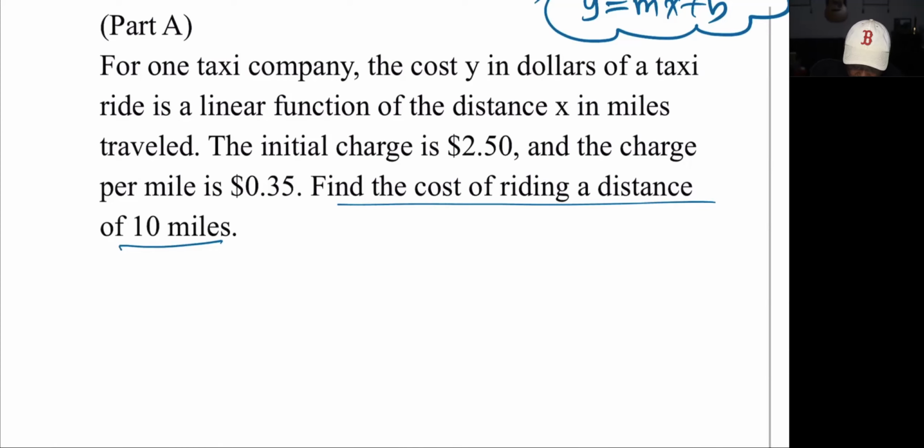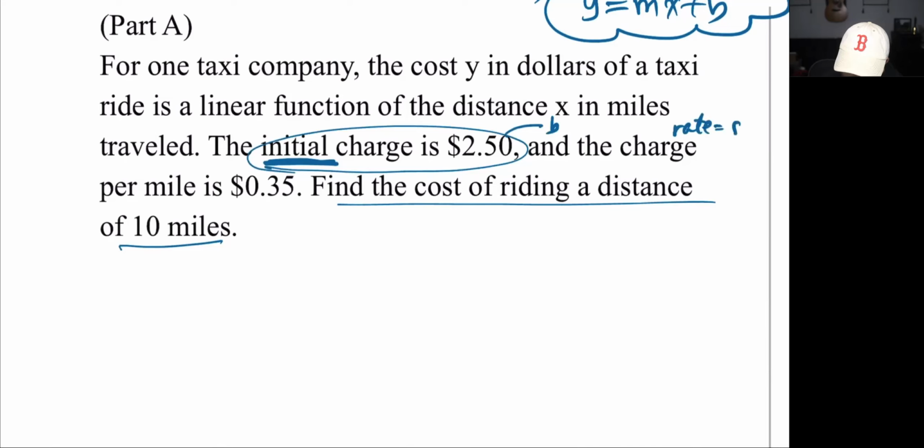Initial charge: the word initial always goes with b. Initial value of the y. Here y is the dependent variable, so the initial value of y in this case is $2.50. And anytime you have some sort of ratio, a rate, like how much is the charge per mile, whenever you have a rate, that's always the slope.